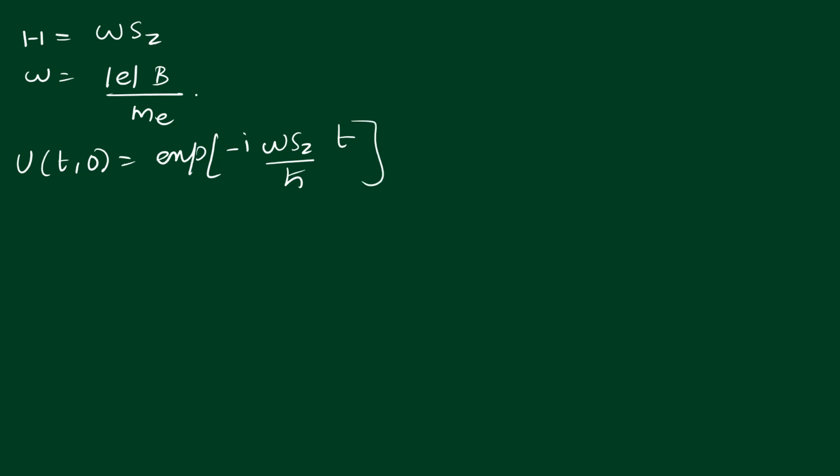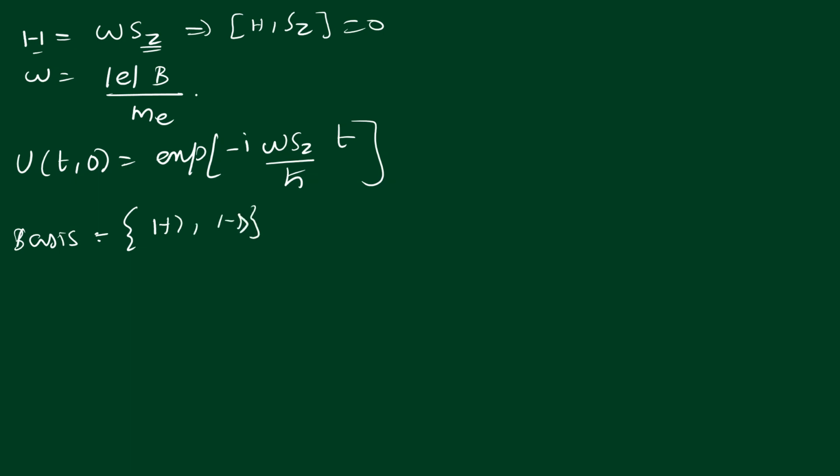Now, since H is a multiple of Sz, this means that H commutes with Sz. So they have common eigenkets. So the eigenkets of Sz are also eigenkets of the Hamiltonian. So we said that it is convenient to use the basis ket plus, ket minus. These are the base vectors.